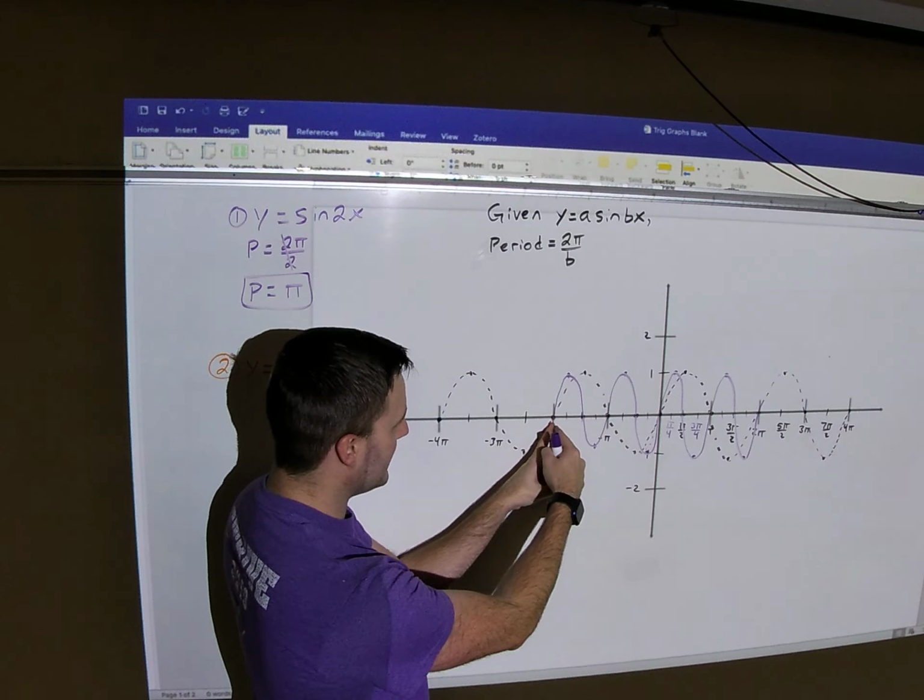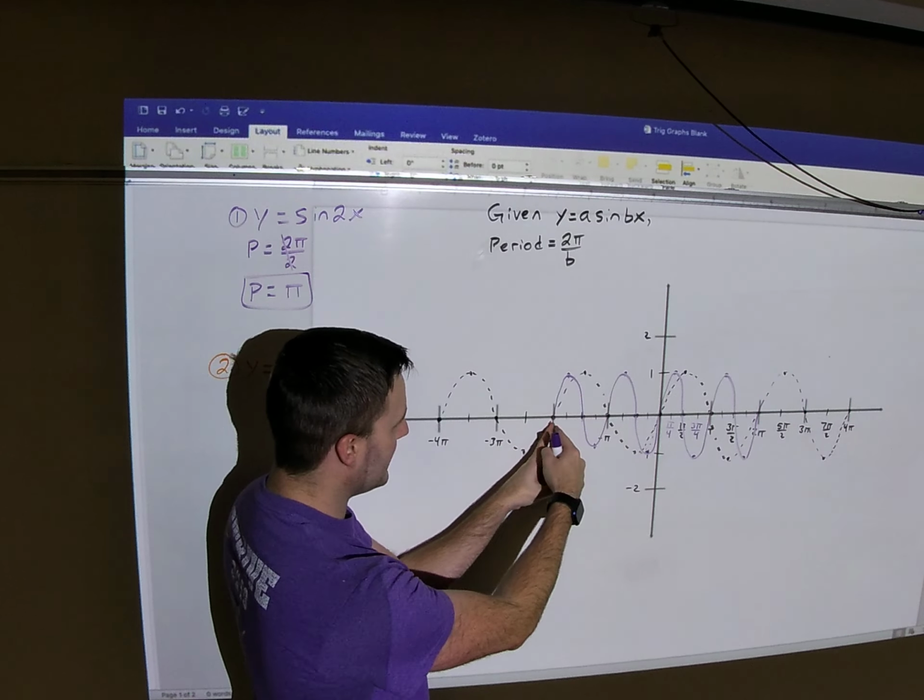Now, we cannot divide by a fraction, but we can multiply by its reciprocal. So if I flip this fraction, which is the reciprocal, what is 2 pi times 2, or 2 over 1, right? The reciprocal of 1/2 is 2 over 1, which is just 2. So 2 pi times 2 tells me that, hey, this period is going to be 4 pi.